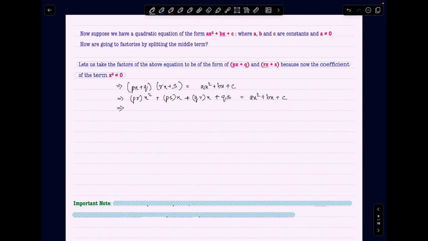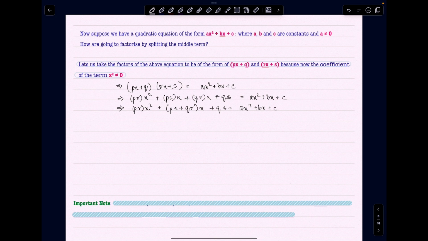In this equation I can add the x terms, so this becomes pr x square plus (ps plus qr) x plus qs equals ax square plus bx plus c. So this is the equation.